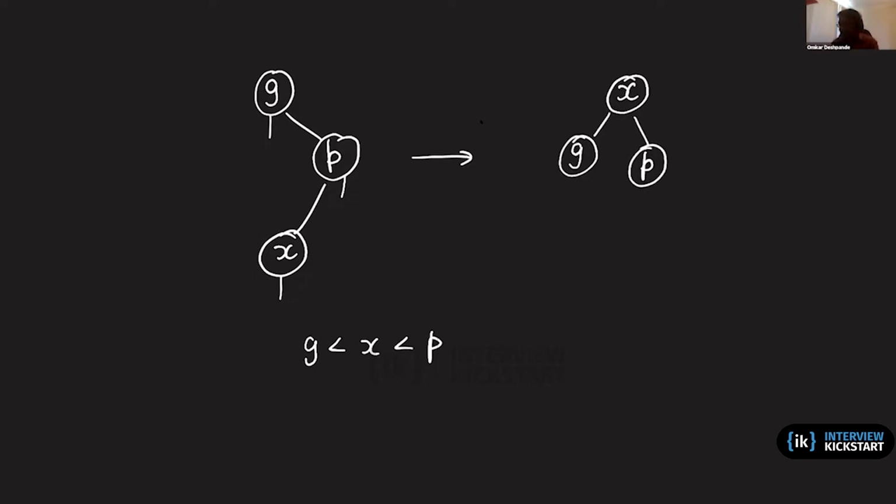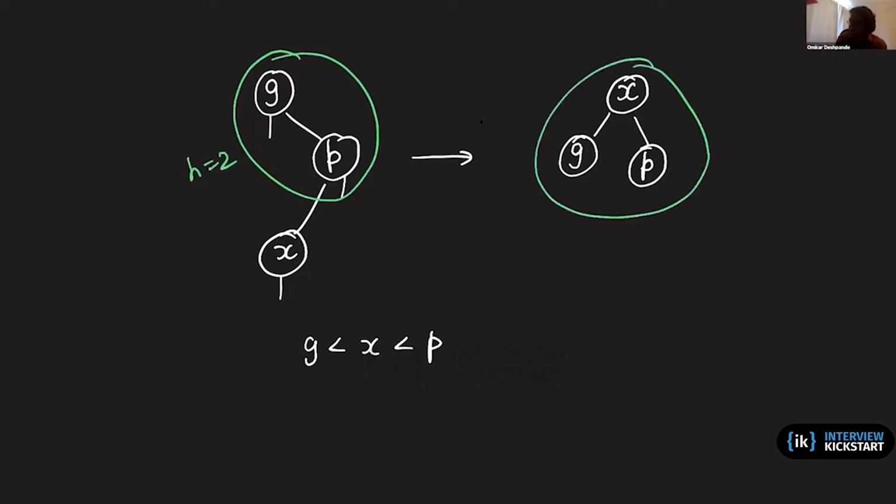If we can do that, we would have achieved balance again. The height of the tree before was 2, the new height is 2, so no further repercussions up. The balance factor is now 0. The balance factor here was -2. Right, and everywhere else, even at p, the balance factor was 1, it's 0. But where it was violated, the first place where it was violated was at the grandparent node, and now that's restored.